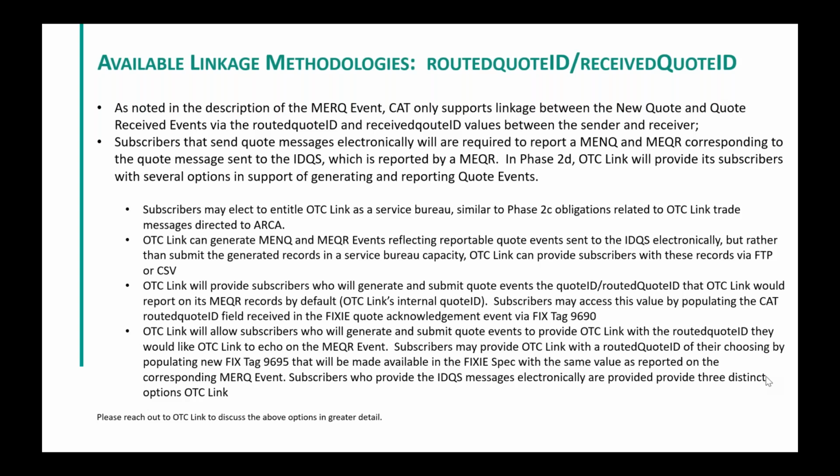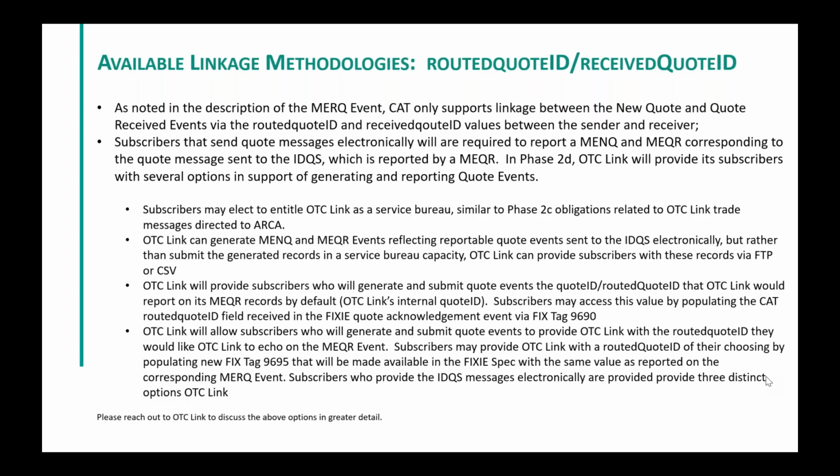So the first option that would be made available would be for firms who have taken advantage of the Service Bureau functionality for the limited 2C obligation, reporting trade messages directed to ARCA. It would be very similar in the generation of the new quote, quote unquote, route events.